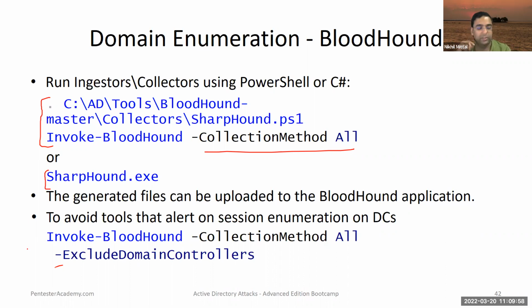Avoid session enumeration, for example, and looking for local admins using Bloodhound, at least these two, and you would be fine. Once again, if you're absolutely worried about generating some noise, it is better if you avoid it, unless you know exactly what this tool is doing in the background.